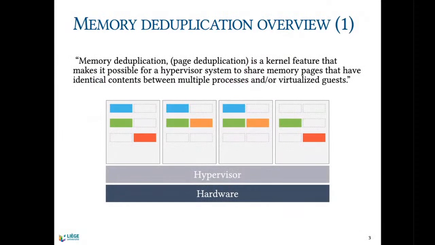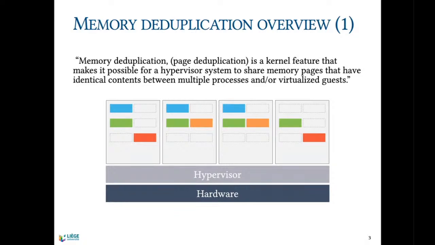And now with this ELF representation in mind, we will analyze the memory deduplication between several unikernel instances that run on the same hypervisor. So first, what is memory deduplication? Basically, it is simple. Memory deduplication is just a kernel feature that allows sharing memory pages with identical content between multiple processes or virtual machines.